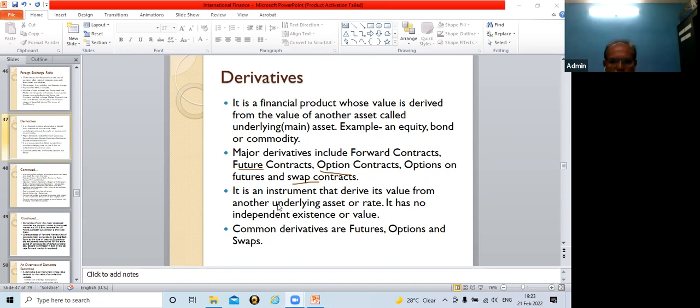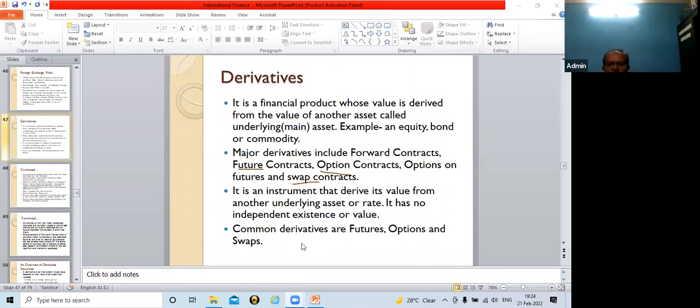It has no independent existence or value. Common derivatives are future, options, and swaps. These are the common derivatives of a financial product.